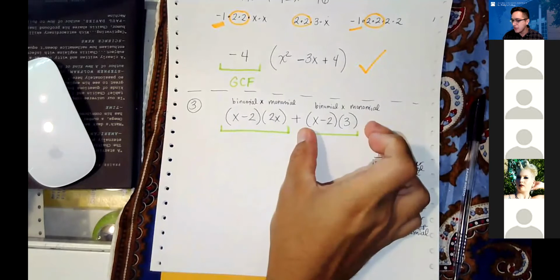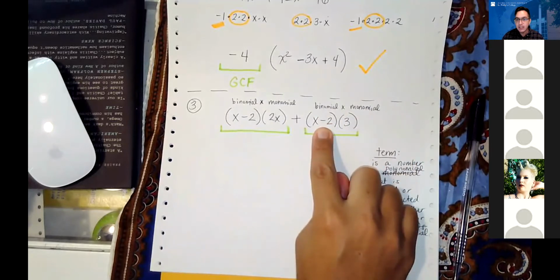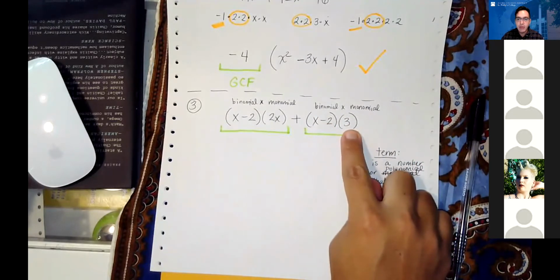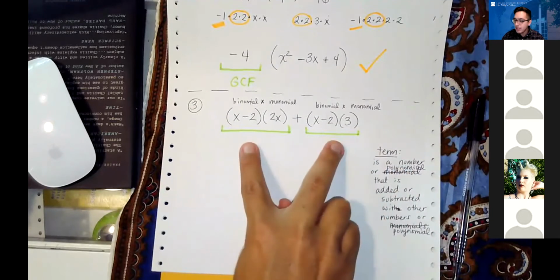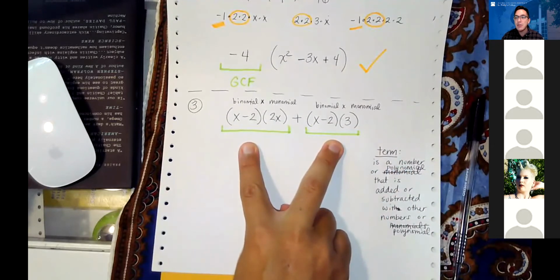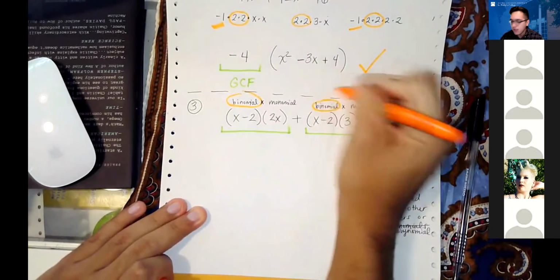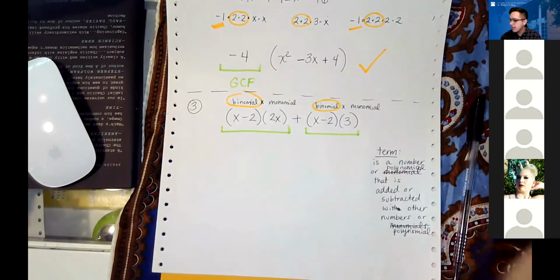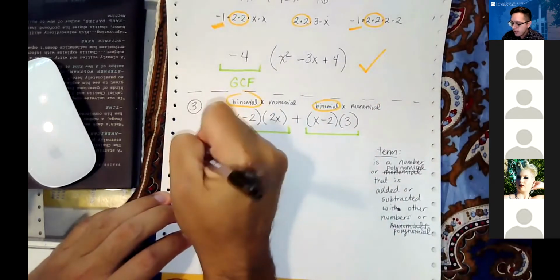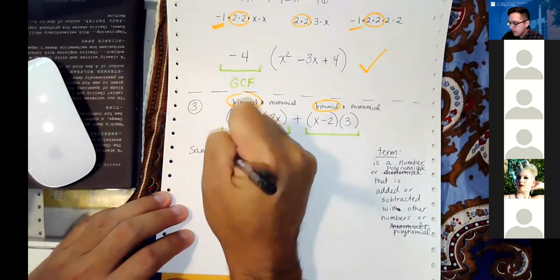Then for our second term, we have a binomial factor and a numeric or monomial factor. So if I'm comparing the two terms and I'm asking you, what is their greatest common factor? Well, they both have this same binomial factor in common.